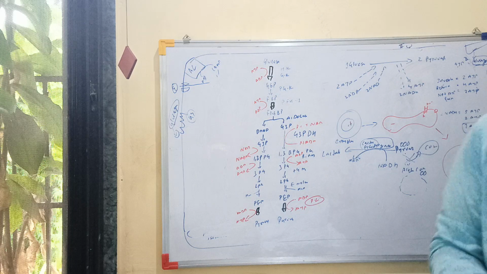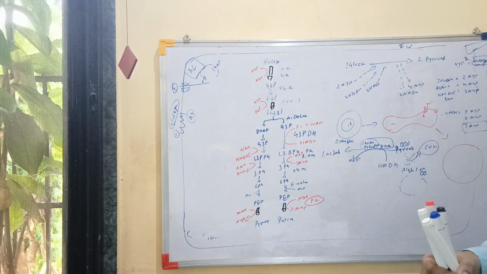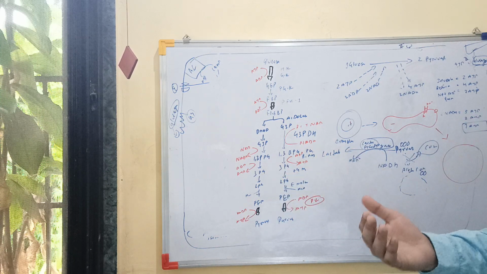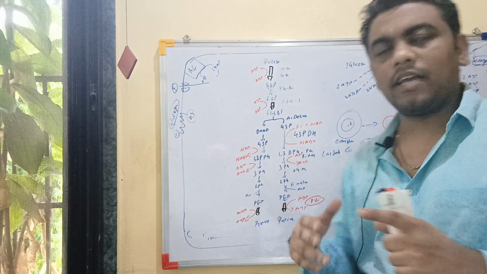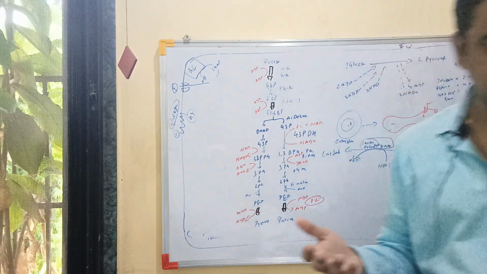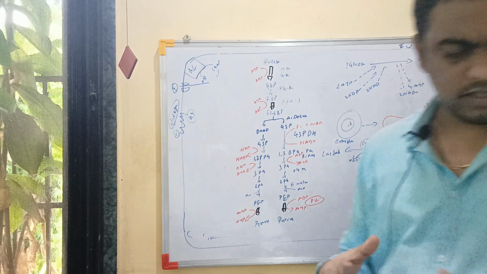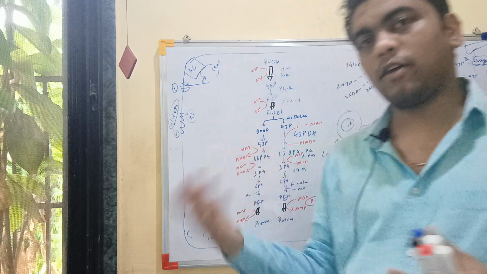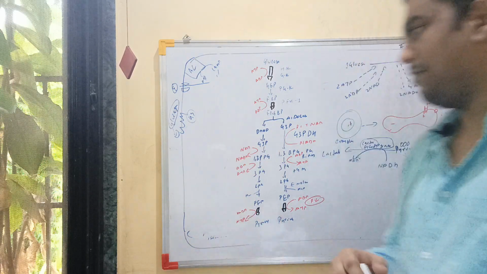So if RBC count is very low, of course there will be lots of hemolysis. Normally RBC lives for about 2 months, 120 days or something like that. After the lifespan is completed, they die, and then macrophages eat them.